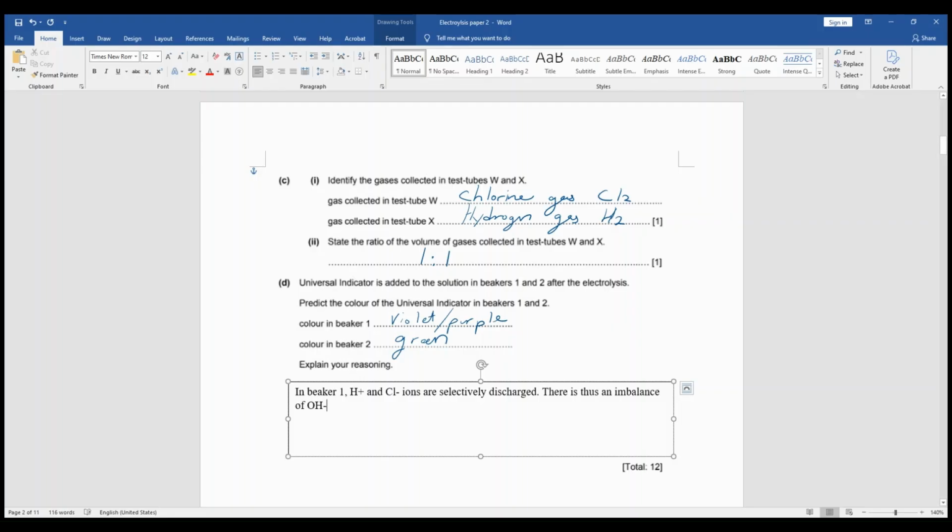Actually, instead of imbalance, which is a word I prefer, in this case if I just write like that it's a bit strange. There should be an abundance. Let's just keep it simple. There is thus more OH minus ions left in the solution compared to H plus.